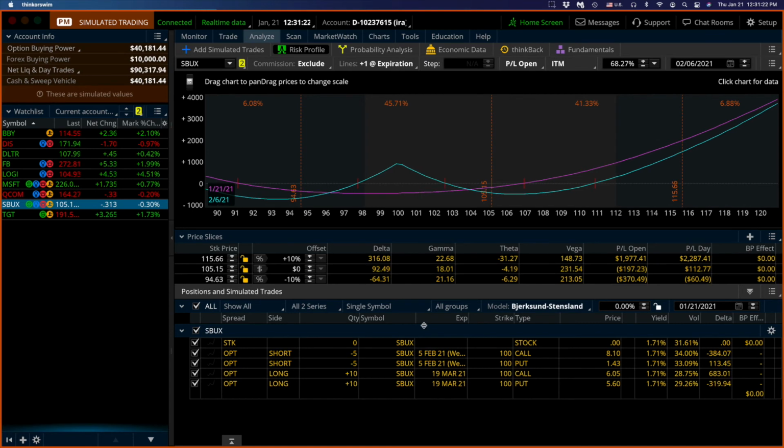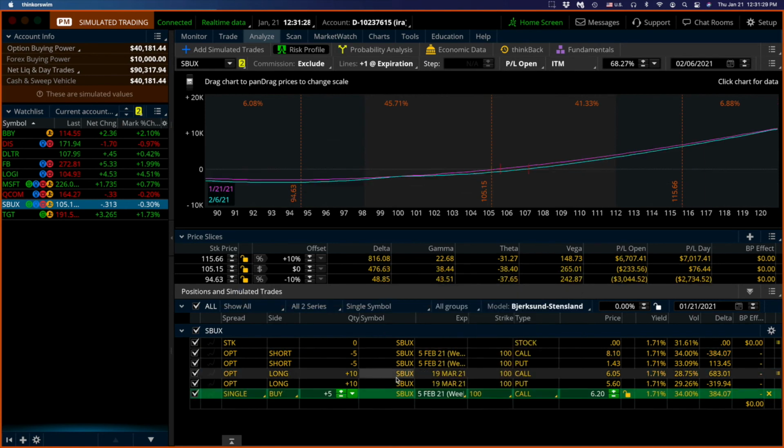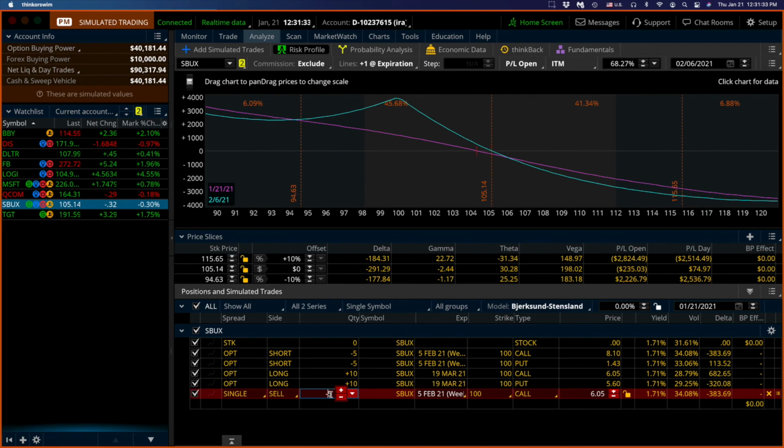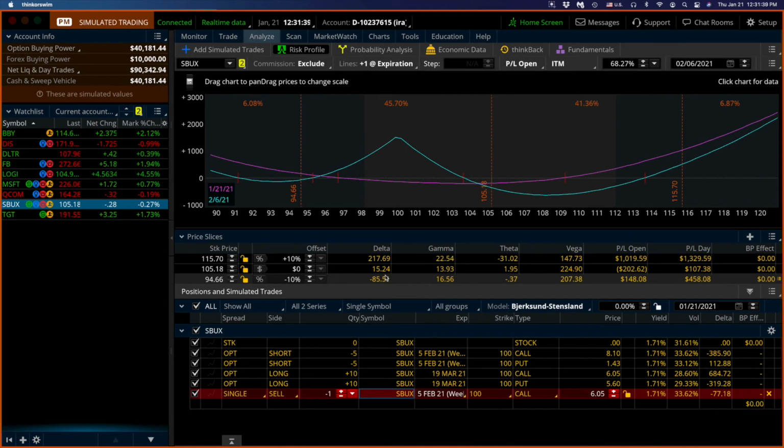Our deltas are 91. We can sell the front month call, have one front month call, analyze closing. Just sell one and see if we get more delta neutral, at 15 deltas. That's more neutral. That sounds good to me. So just by selling one, that's what happens.